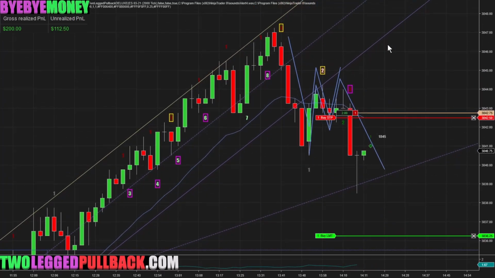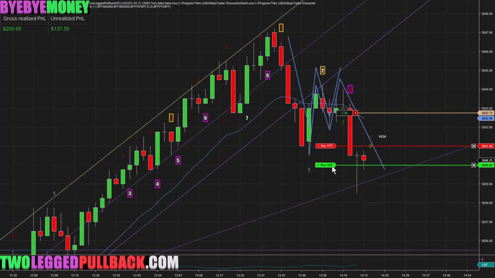Most likely will test this high again. I might just take my 2 points here. I'm gonna take this here because most likely there will be a retest.